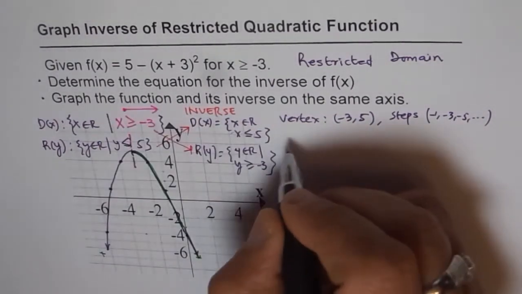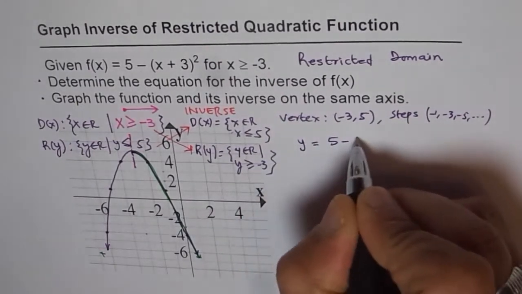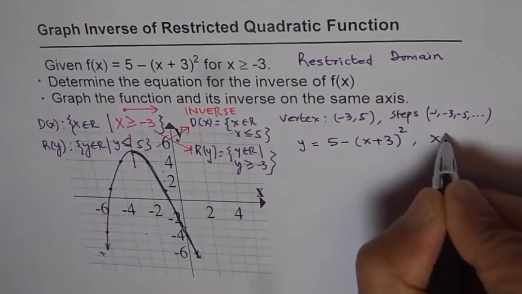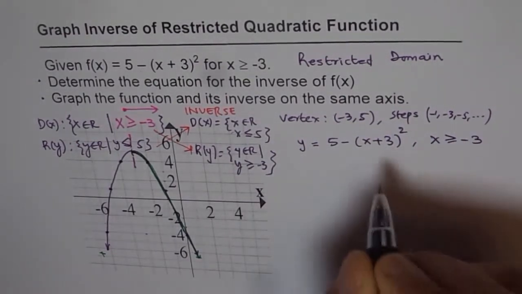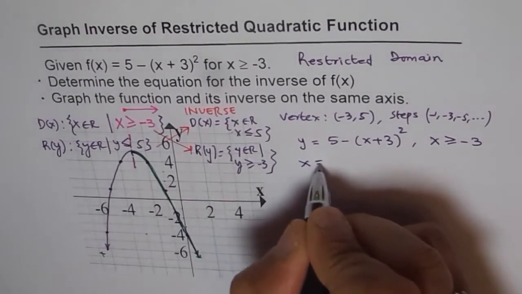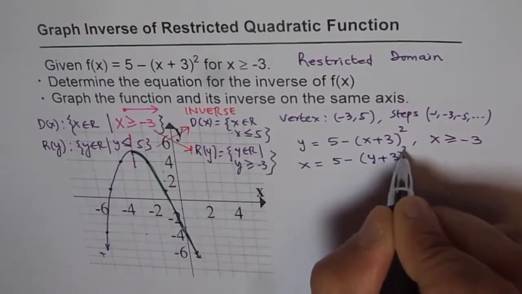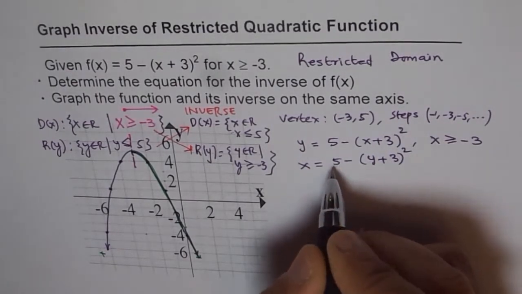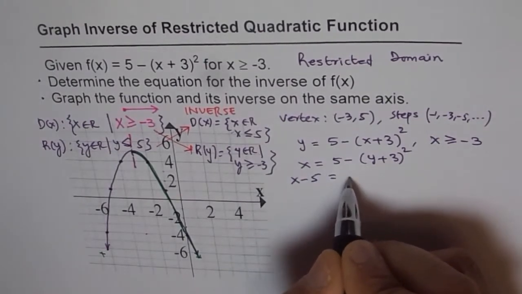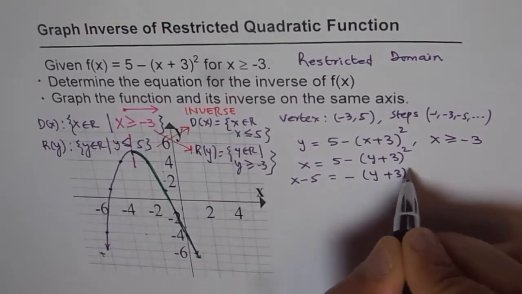So the equation given to us is y equals 5 minus (x plus 3) whole squared, where x is greater than or equal to minus 3. To find the inverse, we have to interchange x and y. So we get x equals 5 minus (y plus 3) whole squared. Now let's solve for y. So we'll do x minus 5 equals minus (y plus 3) whole squared.